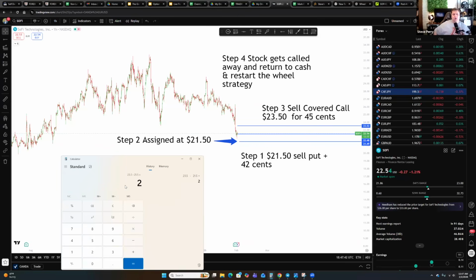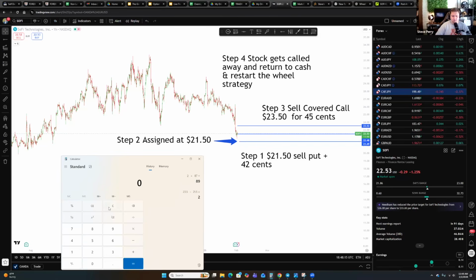You can't make more than that, because let's say the stock goes up to $26, you don't get to make from 23.50 to 26. The person who bought the call from you gets to make that part. You only get to make up to your strike, if you sold the call in step three. So you made $2 in appreciation plus the 87 cents, right?